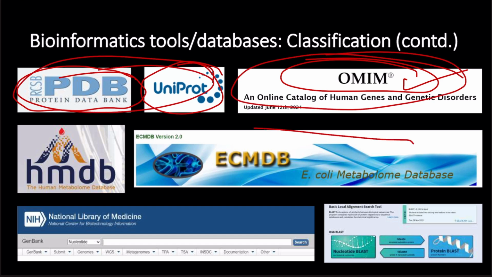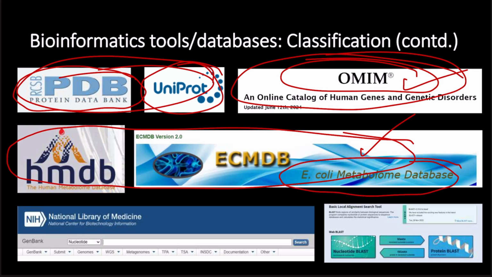Then coming to the next two databases, that is HMDB and ECMDB. These two are examples of metabolite database. HMDB is Human Metabolome Database, so in this we will be studying the human metabolites, and ECMDB is E. coli Metabolome Database. Here we will study the metabolites which are present in the E. coli bacteria. Now coming to the next type of database, that is the sequence databases.